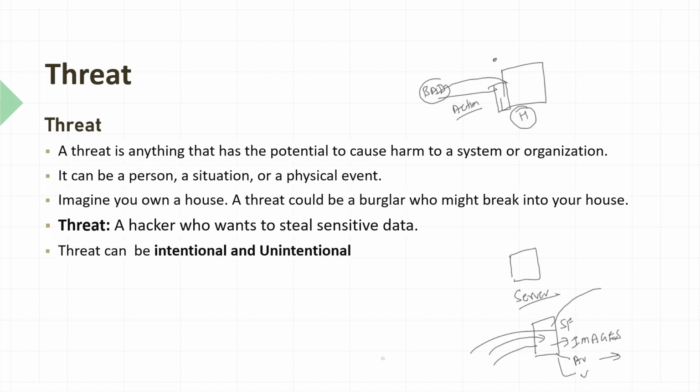The threat can be intentional or it can be unintentional within the organization. Let's say we have a system here and we have an employee. He received a phishing link. He clicked on the phishing link with the impression that it's some informative thing. So it was his unintentional attempt. He was not intentionally trying to damage my company.